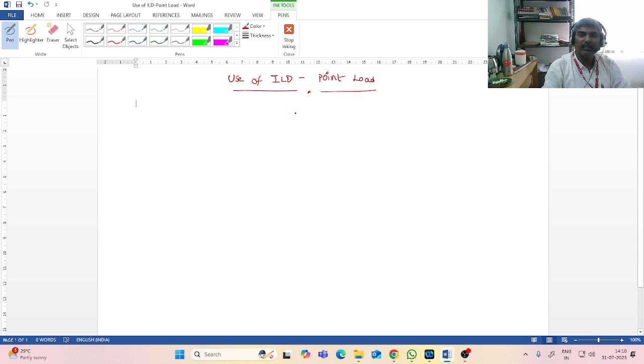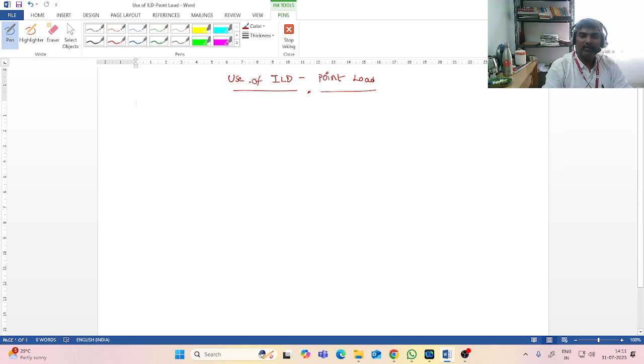After learning how to draw ILD for support reaction or shear force or bending moment, now let us learn how to use the ILDs which are drawn for those functions.